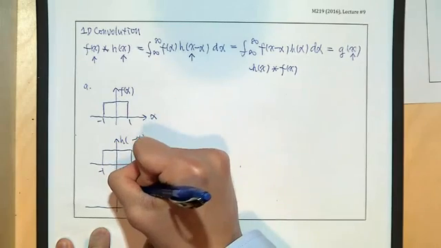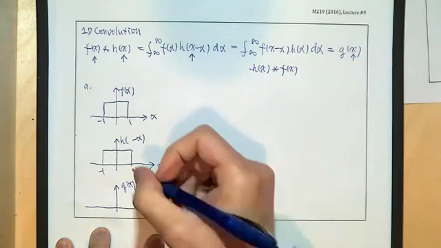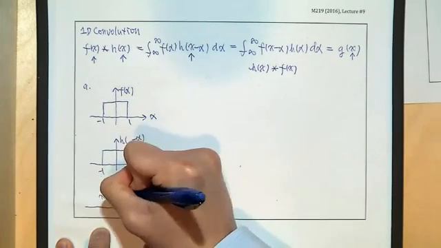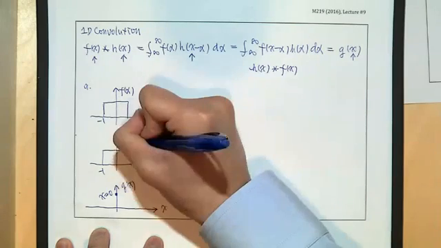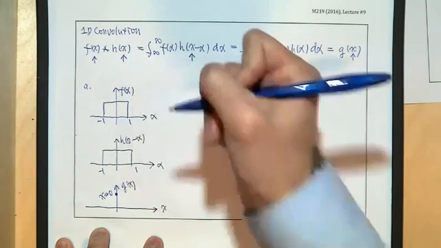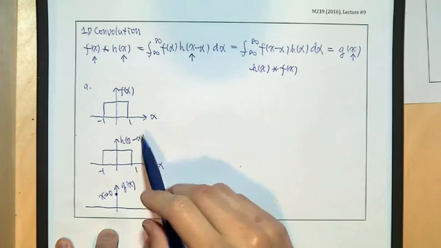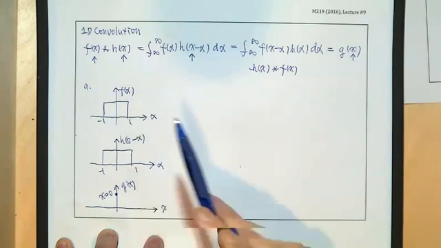g of x. So let's say we want to look at g of x at x equal to 0. What does that mean? Well, going back to our plots of f and h, we have to plug in x for where the integral wants it to be. So basically we have f of alpha and h of 0 minus alpha.